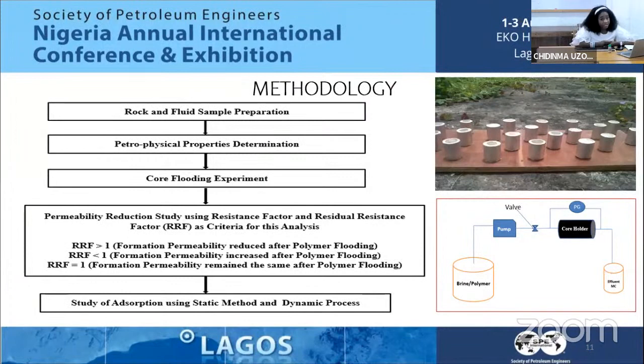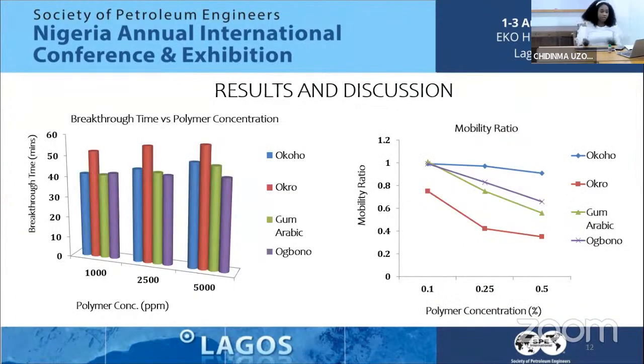Also, an adsorption test was carried out, and the static and dynamic processes were used to determine its effects. The results here show that Okra had the highest breakthrough time, followed by Okoho, followed by Gum Arabic, then Ogbono.